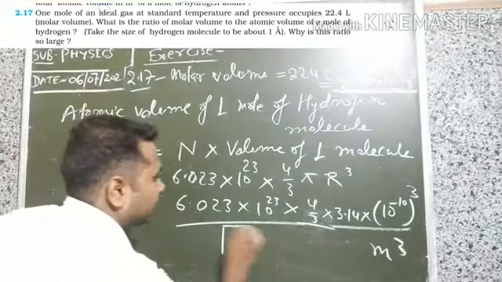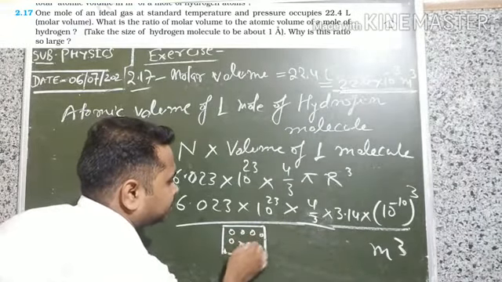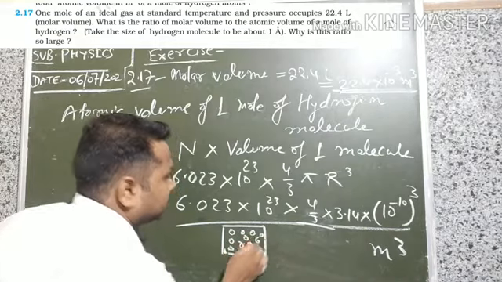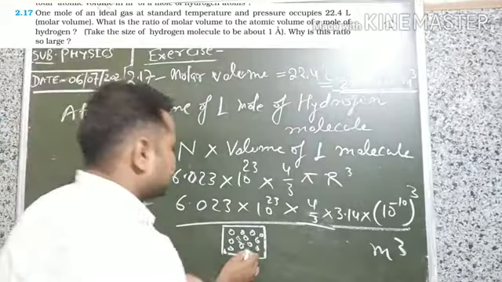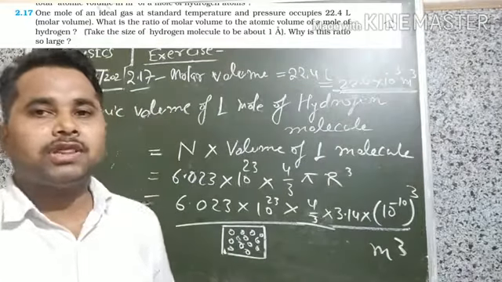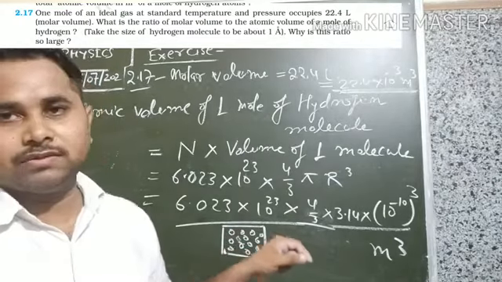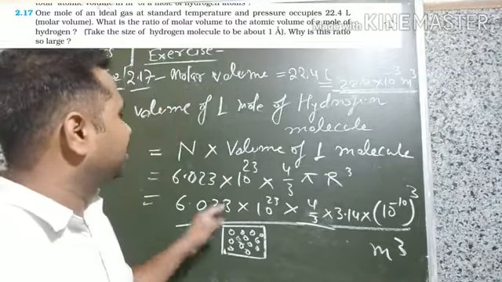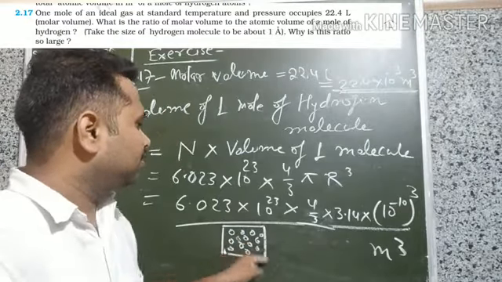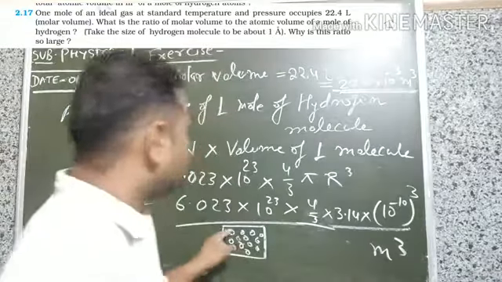I'm showing here, see this, these are the molecules. Suppose these are the molecules in 1 mole of the gas. So atomic volume means volume of all these molecules, and the molar volume means this complete volume, and that complete volume includes the intermolecular space also.